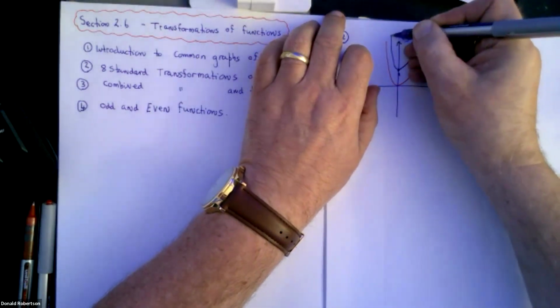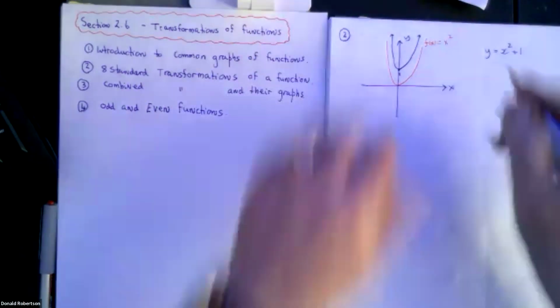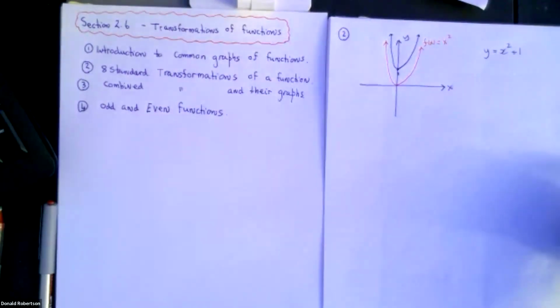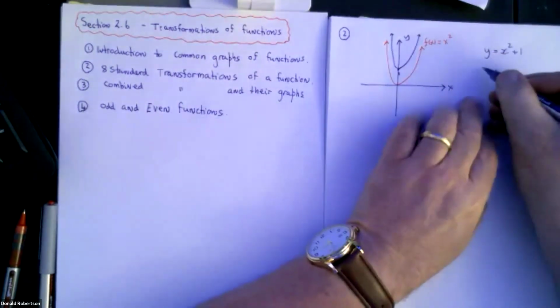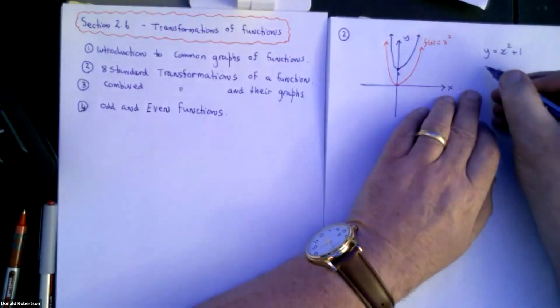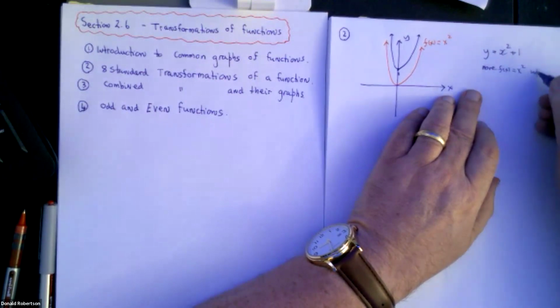All that would have happened to it is that all its points would be moved vertically up by 1. So we would call this transformation, if I want to do it very cryptically, we would describe this as being move f of x equals x squared up 1 unit.